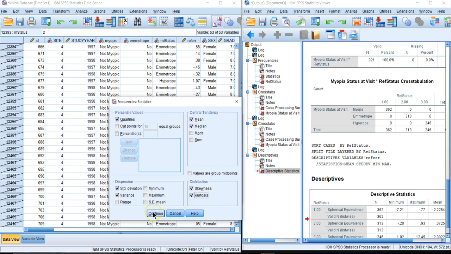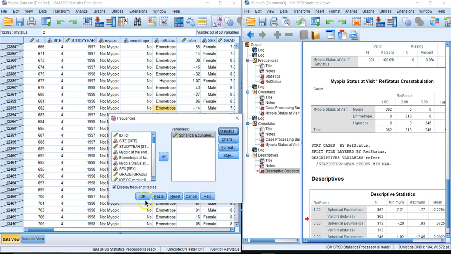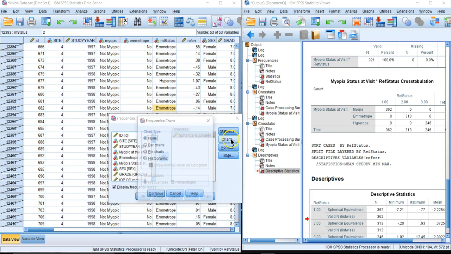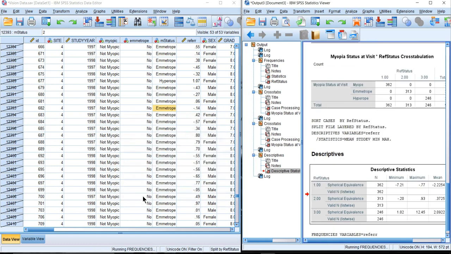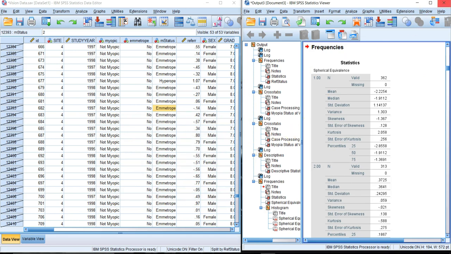And so let's look at these. And another thing we want to do is look at our charts. We want to look at a histogram. Normally I don't bother showing the normal curve on the histogram, but here we're going to be interested in looking at all the measures that are normal so we can see what an imposed normal curve should look like. Okay, and let's see what that does.